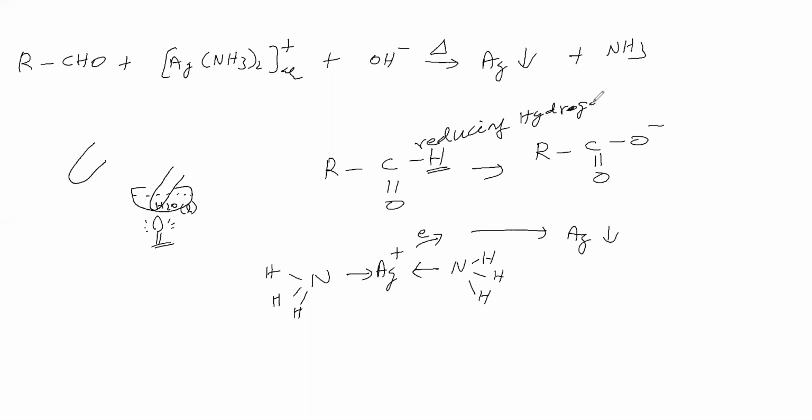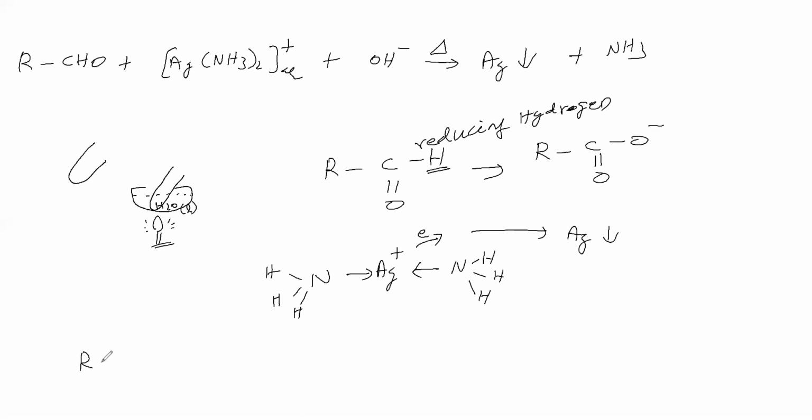Reducing hydrogen means that due to this, another substance will undergo reduction, and it itself undergoes oxidation. So Ag plus undergoes reduction and becomes Ag. The hydrogen undergoes oxidation and becomes H plus. That H plus takes OH minus and becomes water. Therefore, this aldehyde is having reducing hydrogen, so it reduces Tollens' reagent.